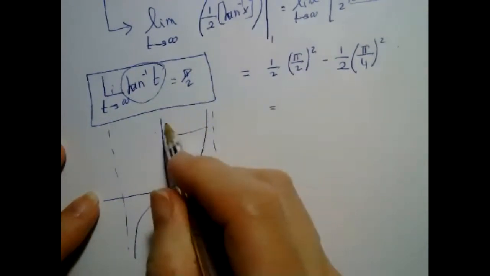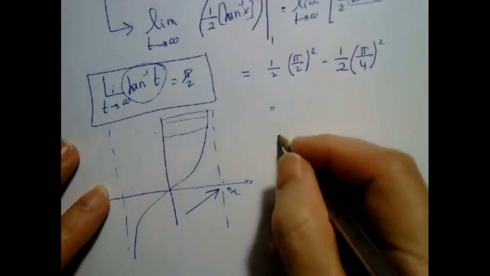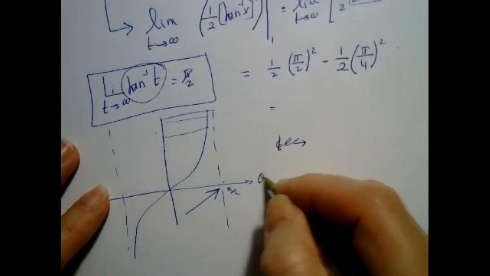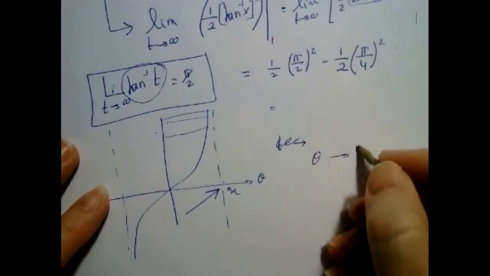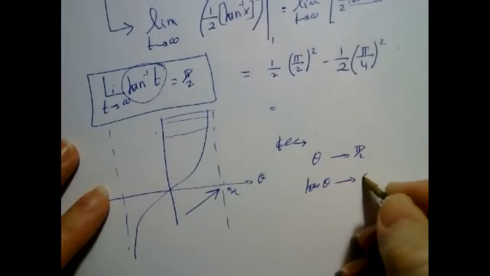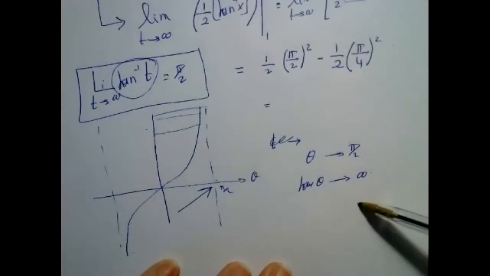So if t goes to infinity, it means the angle is going to approach pi over 2. In other words, as theta approaches pi over 2, the tangent of theta approaches infinity. Does this make sense from here to here?